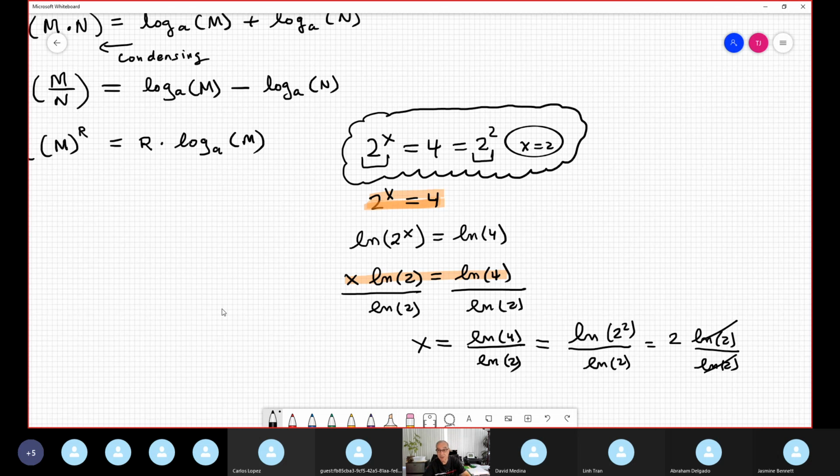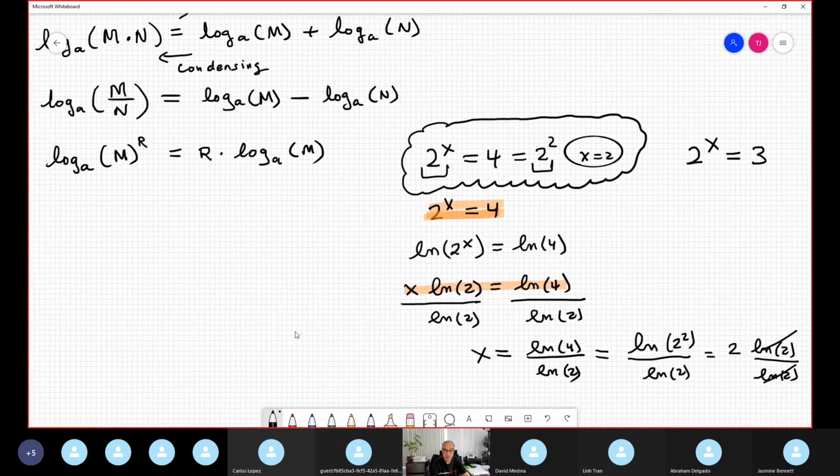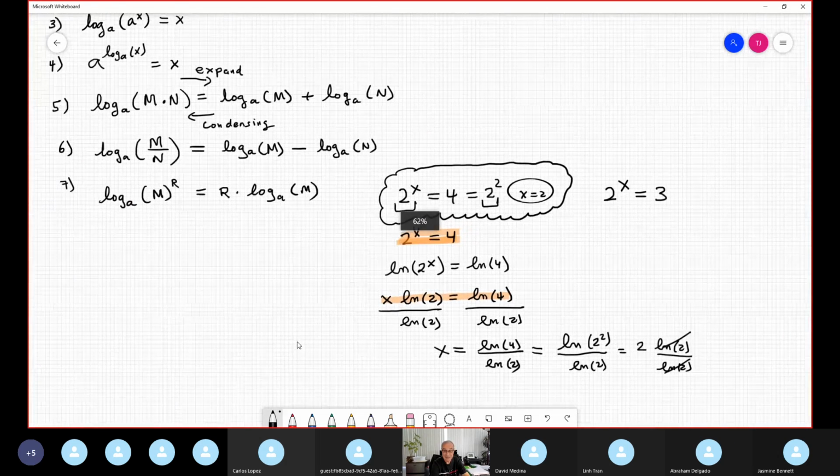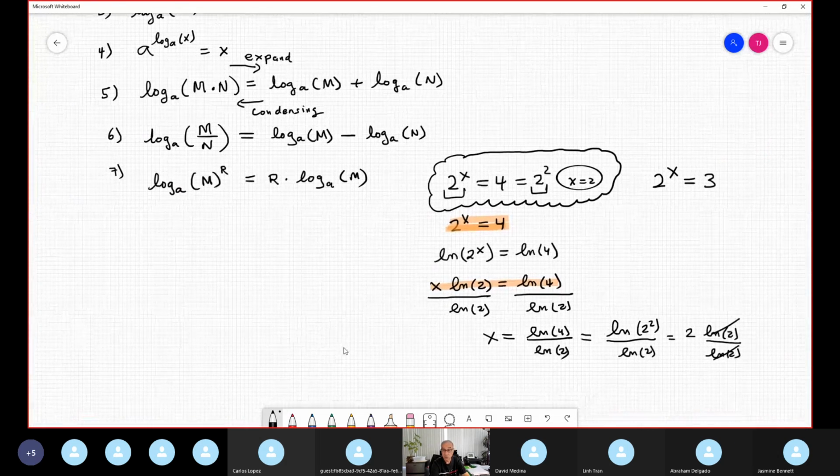Remember in the last class I showed this equation, and it is impossible to do by the traditional way, so we need to use it that way. So you apply logarithm on both sides, magically the exponential equation is converted to a linear equation, and you solve the linear equation.